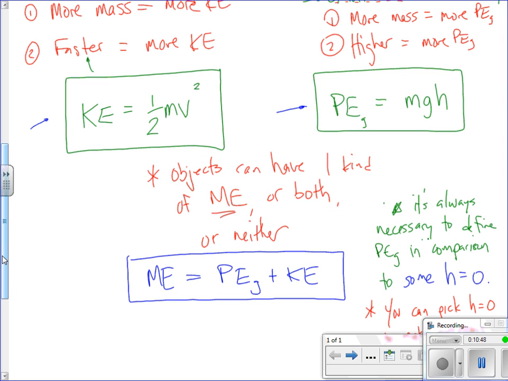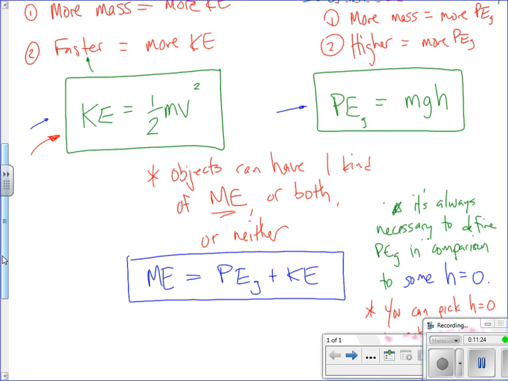So an object moving this way and an object moving that way can have the same kinetic energy. We saw in a little quiz that they cannot have the same momentum, because momentum does include direction, but kinetic energy does not. And kind of like we said with momentum, it's certainly possible for objects of different masses to have the same kinetic energy, right? Their velocities would have to be different also.